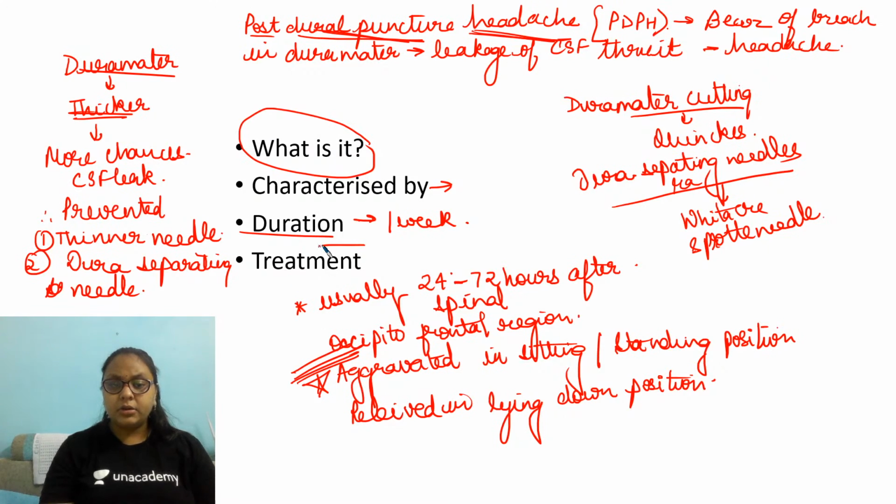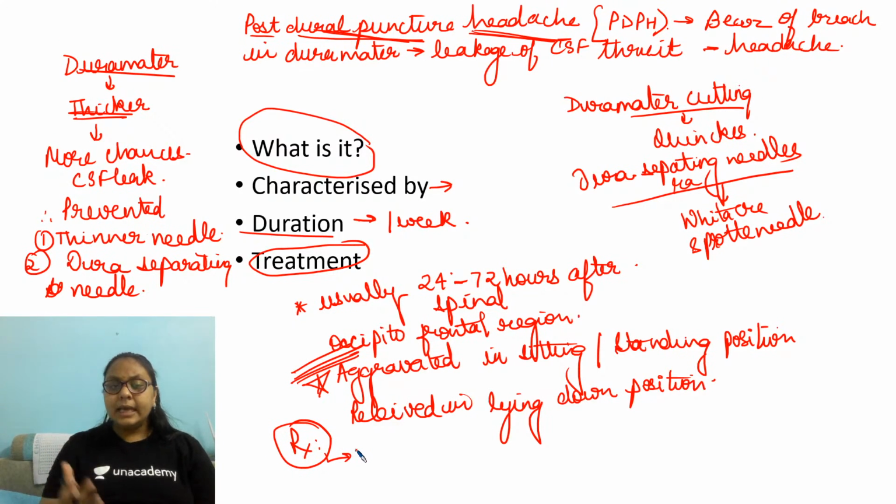Now what will be the treatment? What should be the treatment? The treatment of the post-dural puncture headache is, क्या हो रहा है, CSF का formation is less than the CSF का loss, right? So the first and foremost treatment should be to give IV fluids.